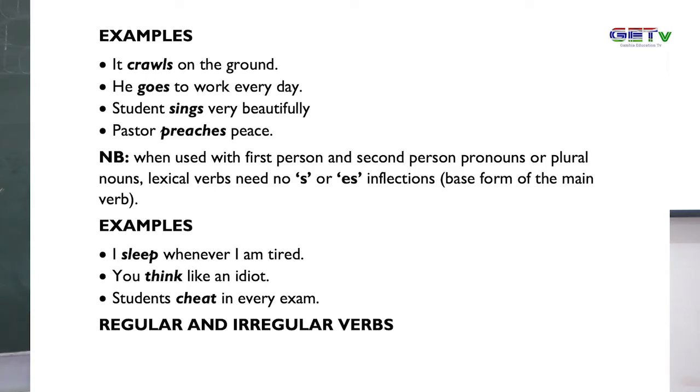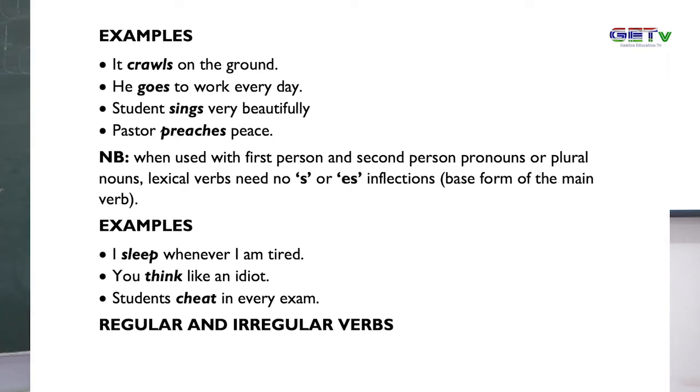It agrees with you because the you is second person, either singular or plural, but either way, it will always agree with a plural verb. 3, students cheat in every exam. The word cheat there is a verb. It's not taking an inflection because by looking at the subject, we have S added. So therefore, the verb must not be inflected with an S. Therefore, it will bring that harmony or agreement between the subject and its verb.